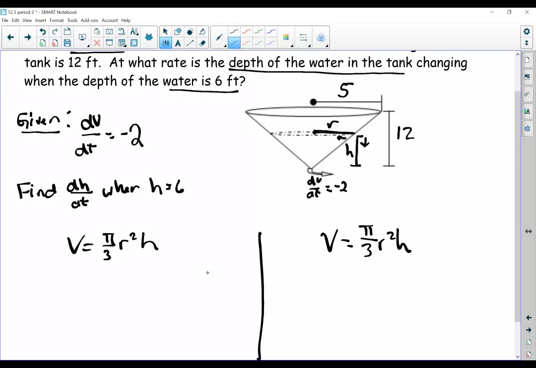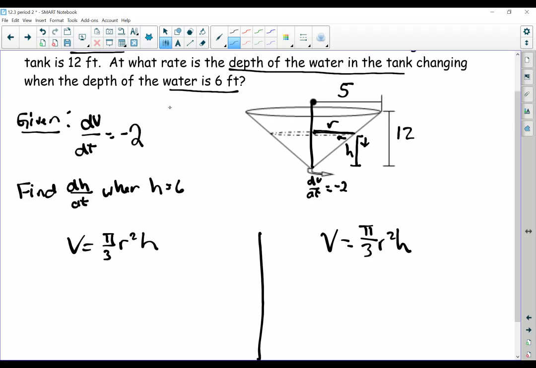Okay. Now, the trick to a cone, not a trick, but part of the given information, is the fact that if I look at this picture, there is a relationship between the radius and height of the water and the radius and the height of the tank. They make similar triangles.